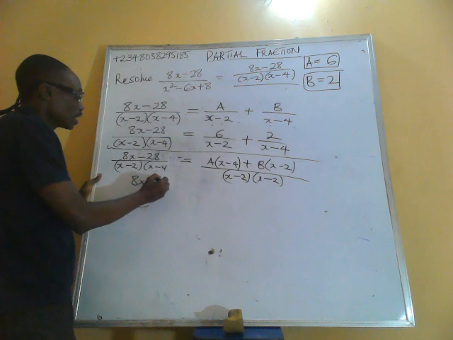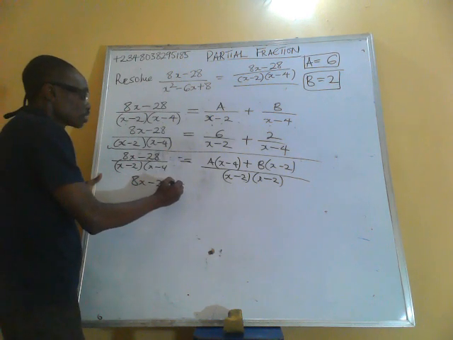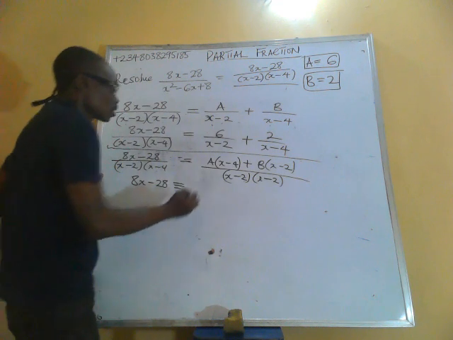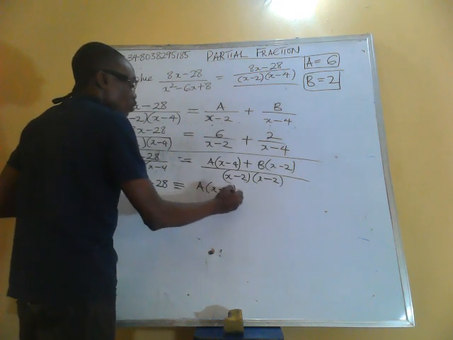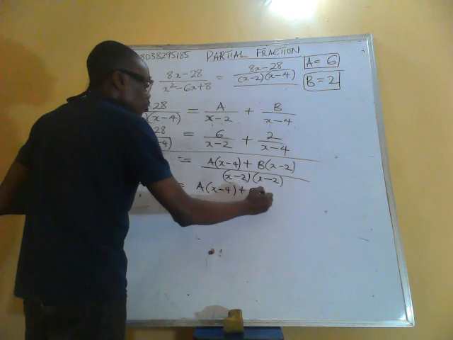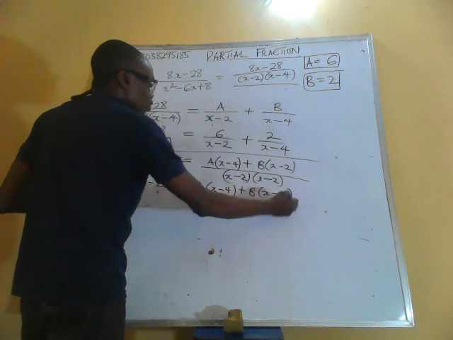You have 8x minus 28 is equal to a into x minus 4 plus b into x minus 2.